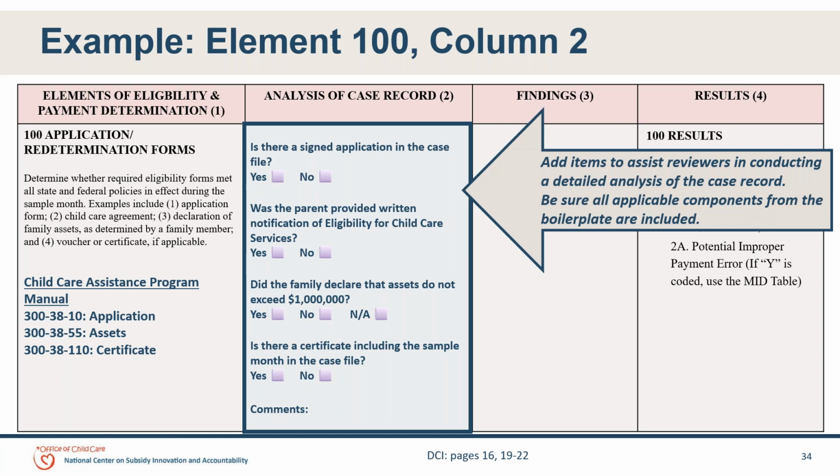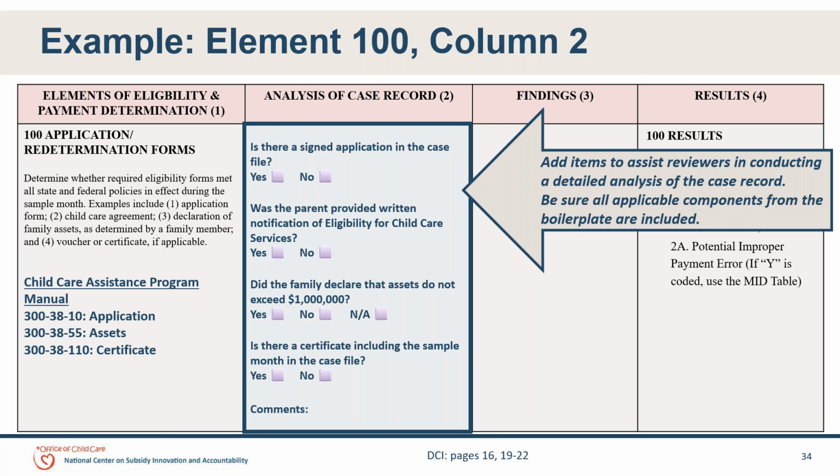And you can see that in this example at the top, the lead agency has an item asking whether there was a signed application. There's an item on eligibility notification, an item on asset declarations, and then an item on the child care certificate. Again, this is going to look different in your own state, but hopefully this can give you just an idea of what customization might look like.